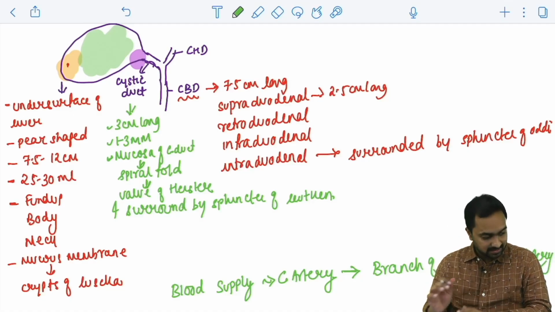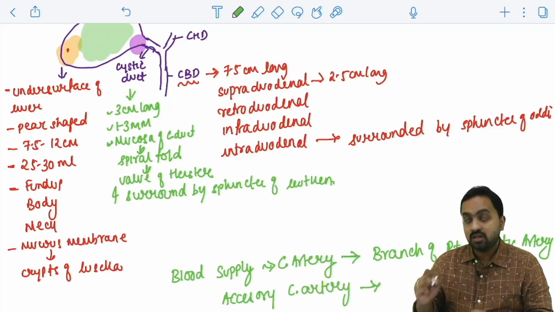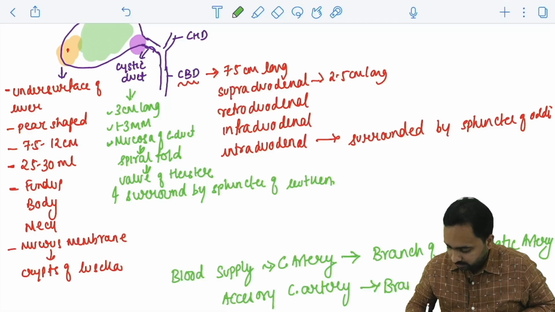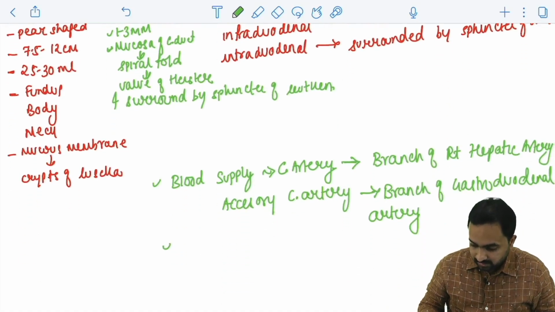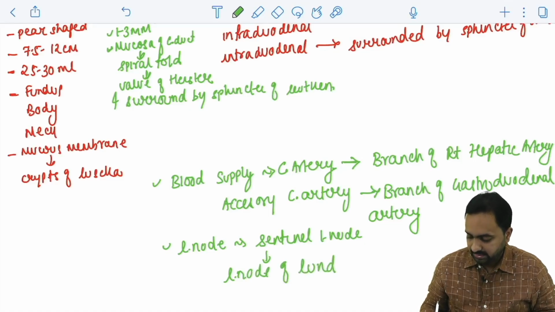Now, in some cases, there might be accessory cystic artery, which is not the branch of the right hepatic artery, rather, it is the branch of gastroduodenal artery. Then the sentinel lymph node of the gallbladder is the lymph node of Lund.